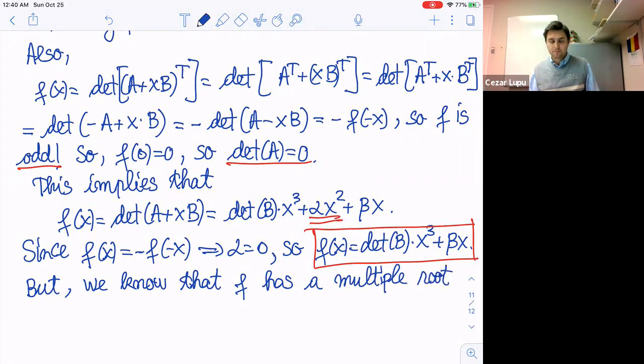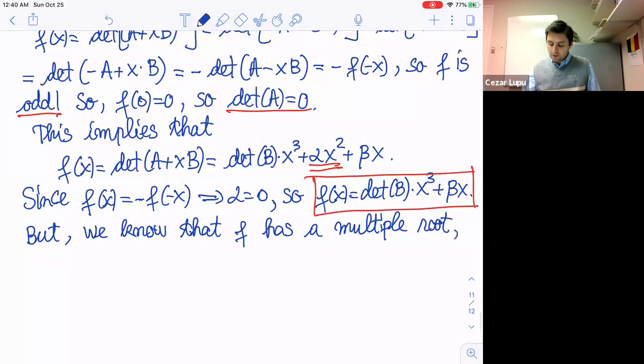Right? So what does this mean? So this means that beta has to be 0.